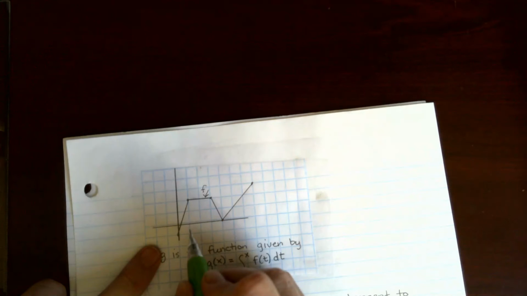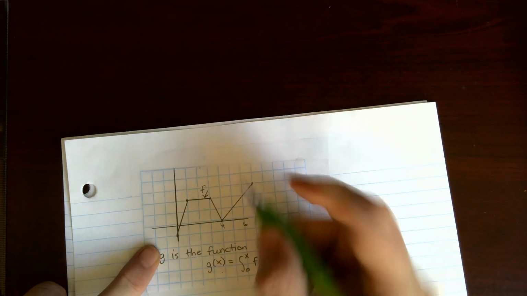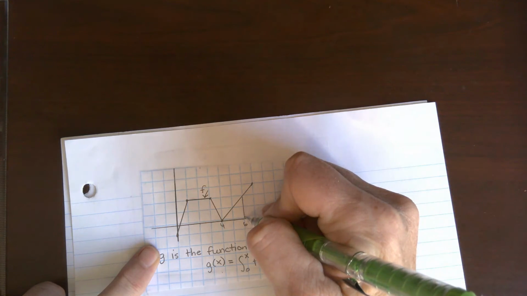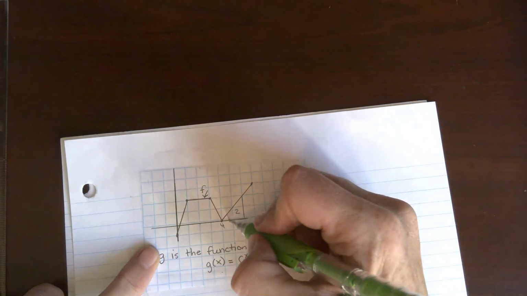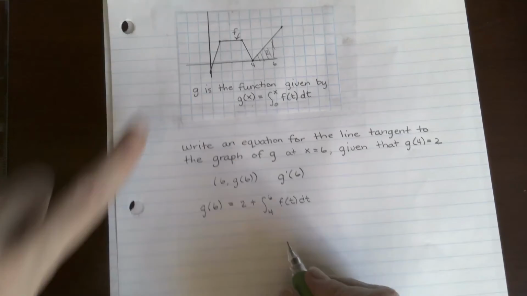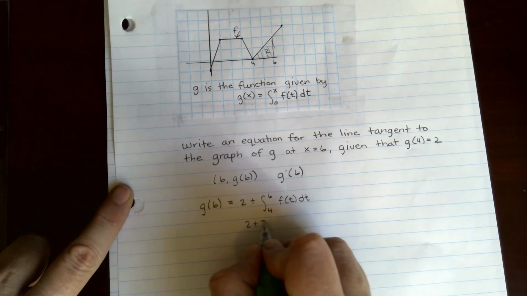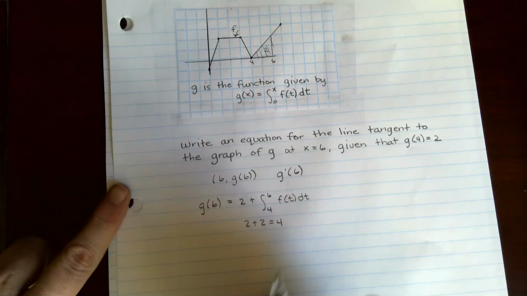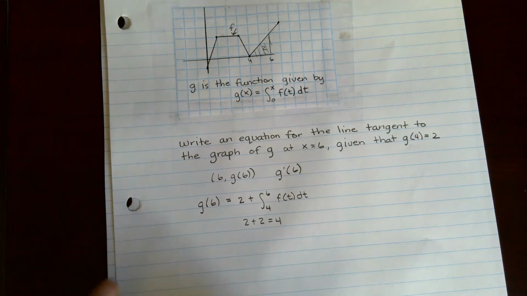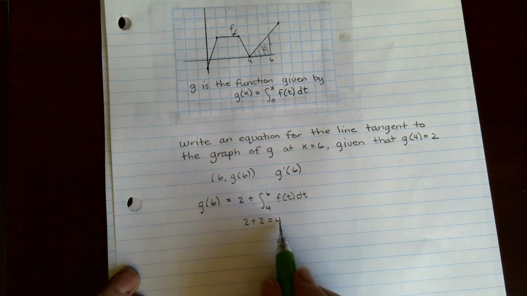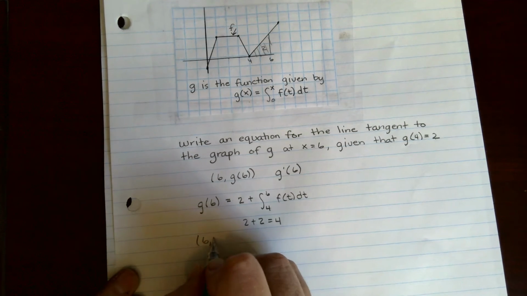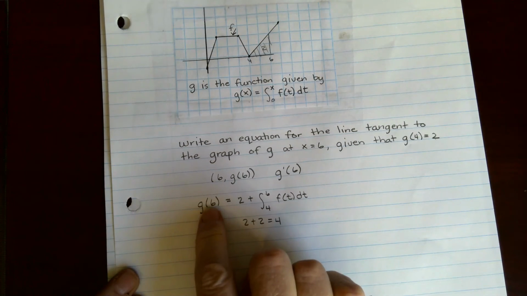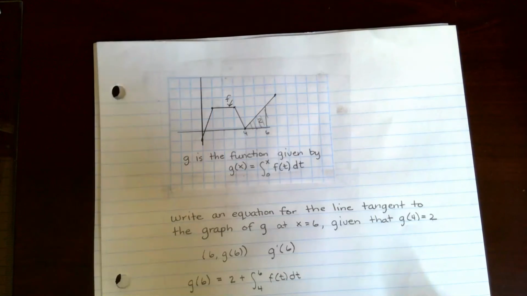So I've got 1, 2, 3, 4, 5, 6. This has an area of 2. So 2 plus 2 is 4. So I know that when I write my equation of my tangent line, it's going to go through the point (6, 4). Now remember, I'm talking about the G graph, the accumulation function.